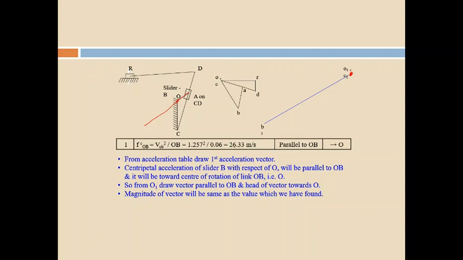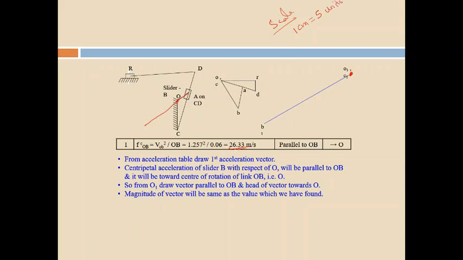Value is 26.33. You can't draw a 26 centimeter line in your drawing sheet, so you scale it. Divided by 5, you will have around 5.2. Scale for the acceleration diagram: 1 centimeter equals 5 units.